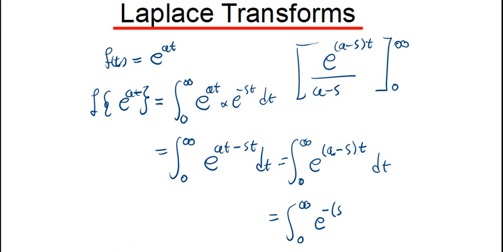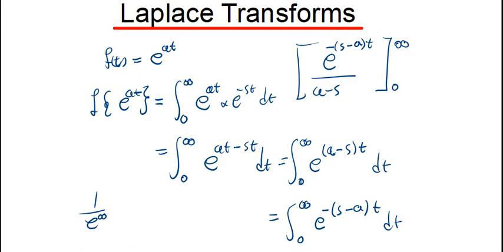Then to maintain the positive sign of a, it is supposed to be negative a, then t, dt. So this one changes to negative, then we swap these two, that's going to be s minus a, such that if I put infinity here, this will bring me back to something like 1 over e to the infinity, which is 1 over infinity, to give me 0.